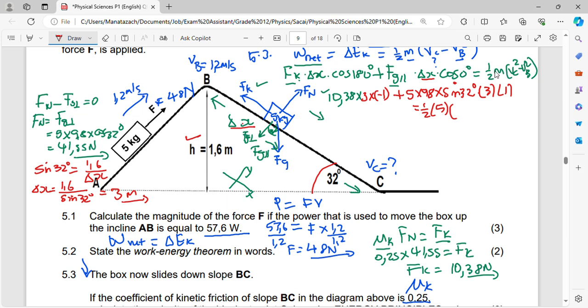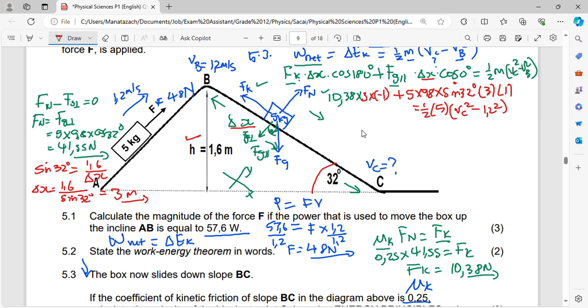Right, so now I'm writing the change in kinetic energy. The mass is 5, Vc squared minus Vp, Vp is 1.2 squared. Now let me simplify all of that on the left hand side. On a calculator, it's 10.38 times 3 times minus 1.